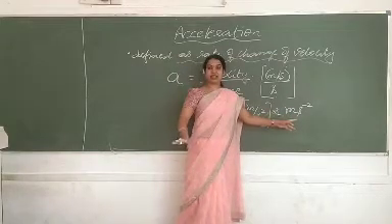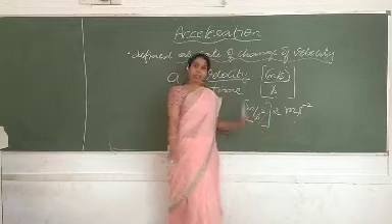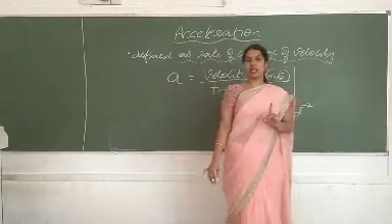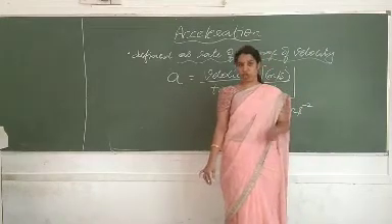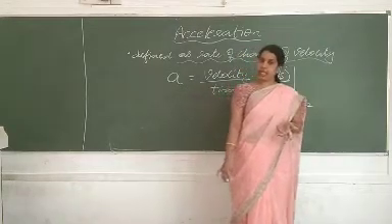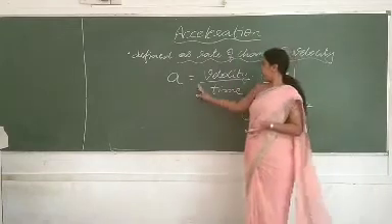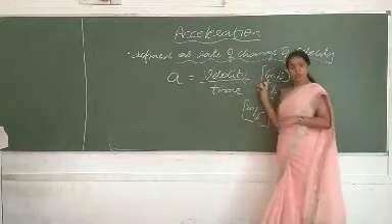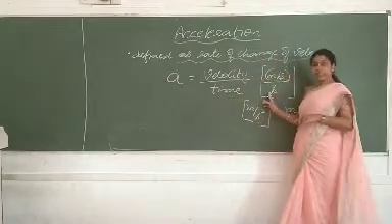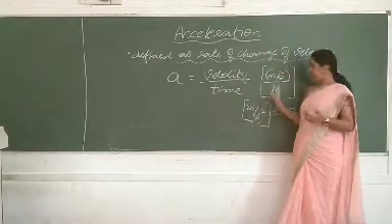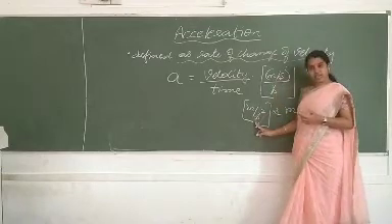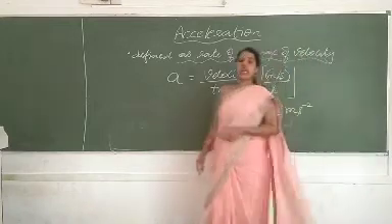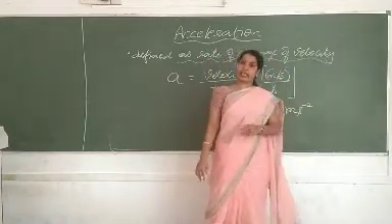Instead of making a mistake while writing the power, it is better to stop there. Clear? So meter per second square or meter second minus 2 is the SI unit of acceleration.